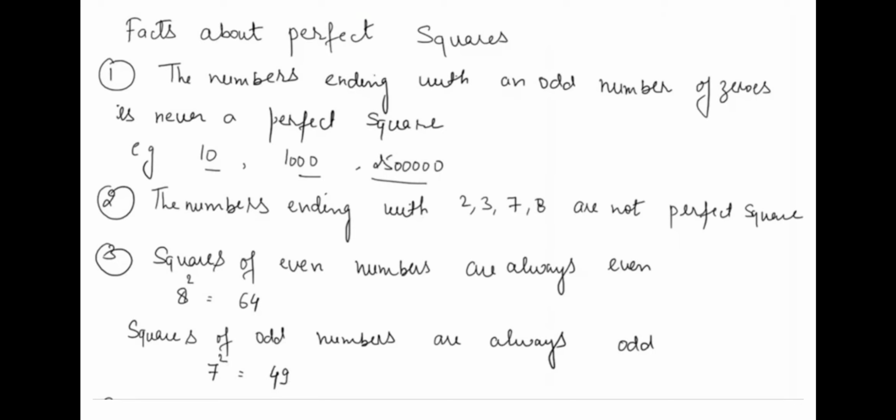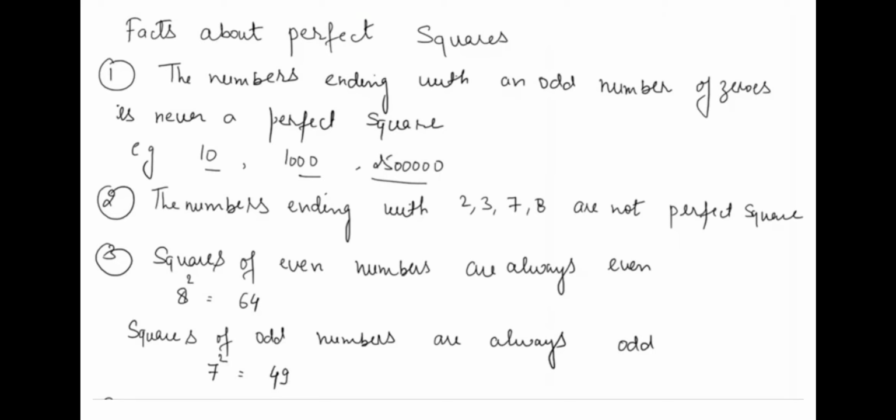No need to check. No need to find the prime factorization. We look and we say that 1000 is not a perfect square number. This is 25 lakh. How many zeros? 5 zeros. So it is also not a perfect square. Very important and very simple also.